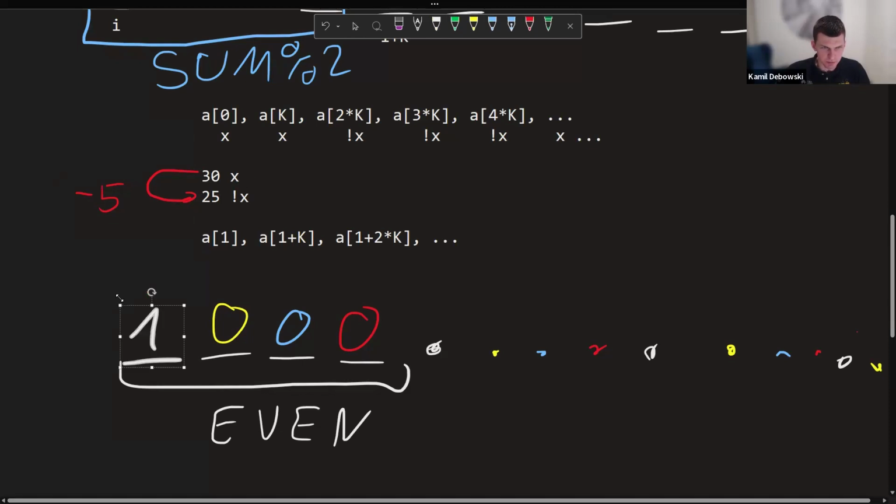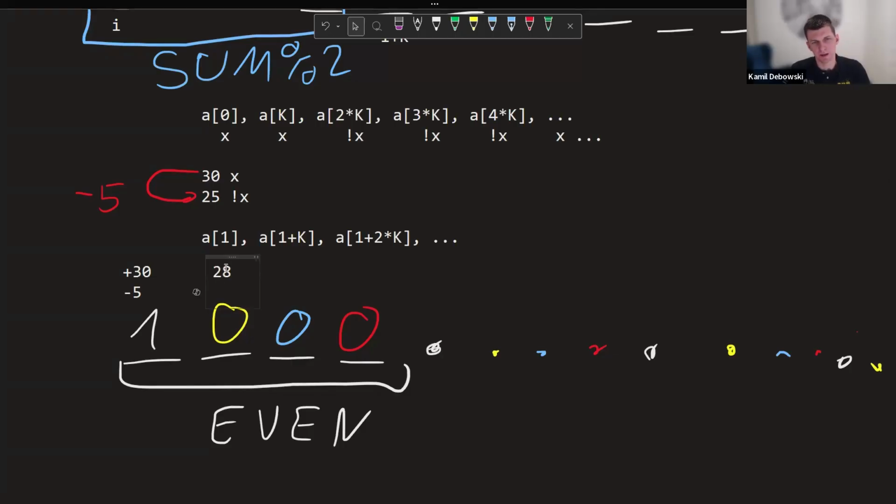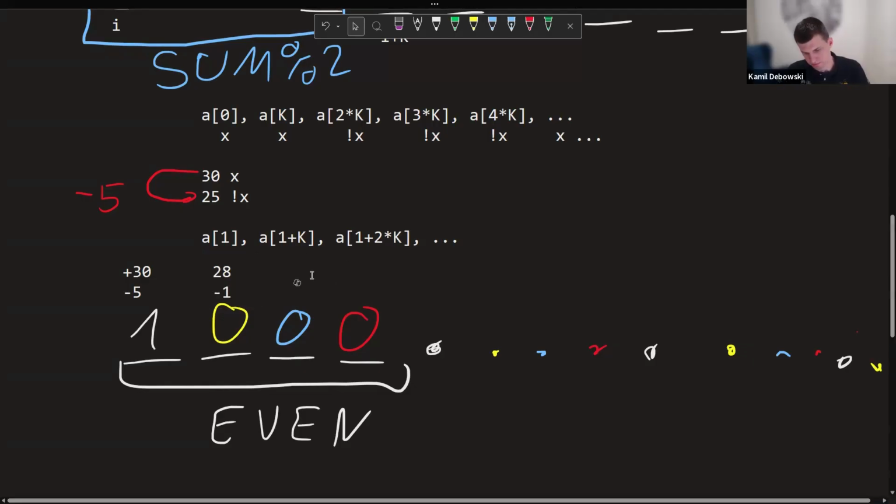So maybe this will know information that by default I increase the answer by 30, but there is a possibility to use 0 here instead of 1, and then the answer will be 25. Then second position, maybe here by default the answer is 28, and I can do -1 if I flip, and so on. So if I flip this 0 into 1, then it flips all the other yellow positions, and then I will have 27 ones instead of 28.